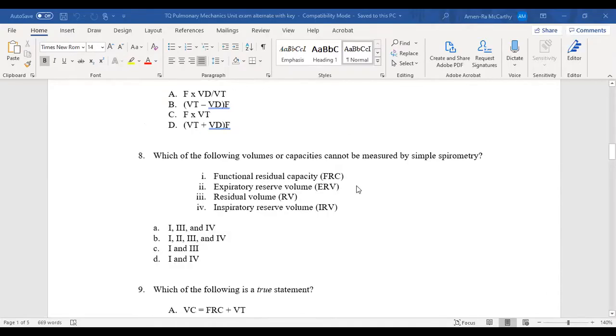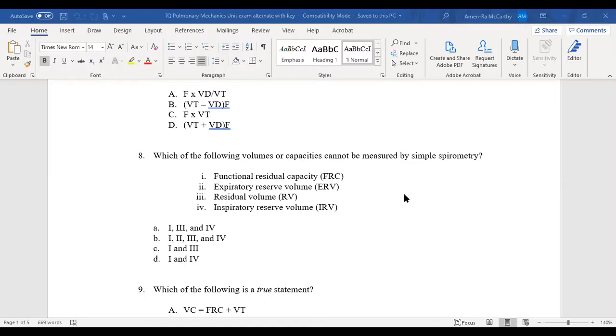Number 8. Which of the following volumes or capacities cannot be measured by simple spirometry? Good, Kayla. Good, good, everybody. C, 1 and 3. Simple spirometry, guys, is like something I could do at the bedside.